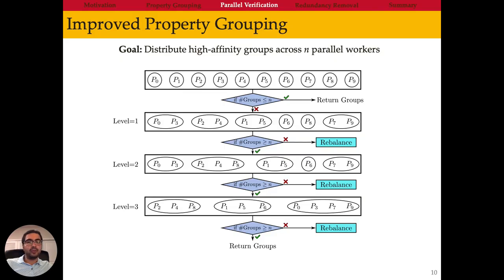However, if we have more groups than the number of available parallel workers, then we proceed with the different grouping levels. At any particular grouping level, if that level generates fewer groups than available workers, we preempt further grouping and we perform rebalancing to ensure all the workers are utilized.